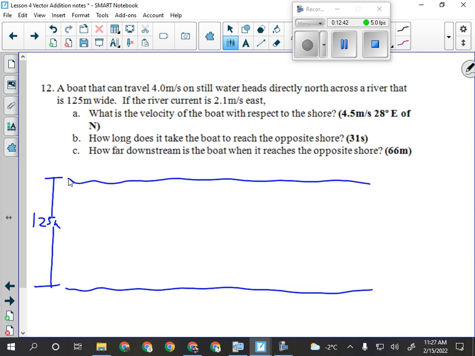So they are telling us the rowing speed and direction straight across the river at 4 meters per second. Now that means that boat is not going to go straight across the river because the river is going to push it this way at 2.1 meters per second east or directly downstream. So that means that the boat's resultant is going to look like this.